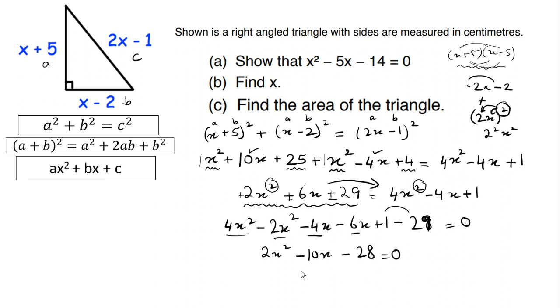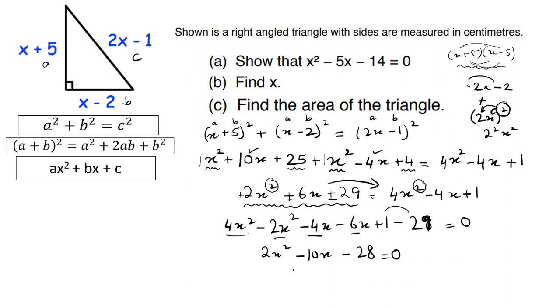Now as you can see, what they wanted us to show was x squared minus 5x minus 14, but we are getting 2x squared minus 10x minus 28. If you really look at this, you have something in common for all of them. Do you notice that all of these are even numbers, which means that they can be simplified?